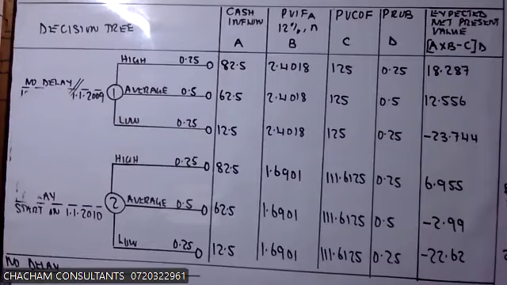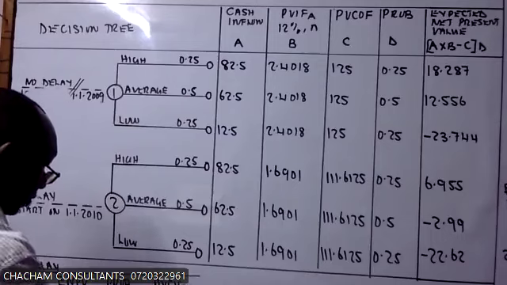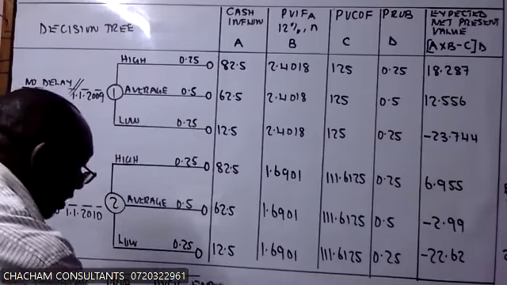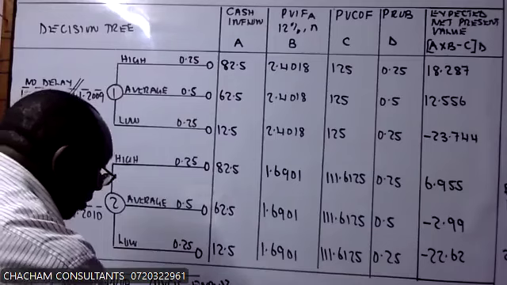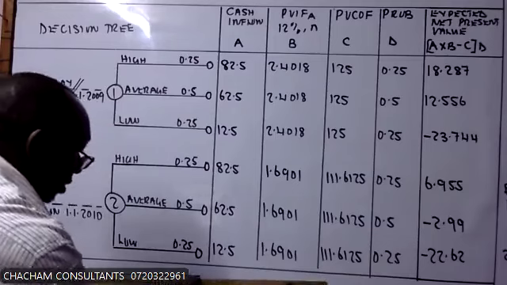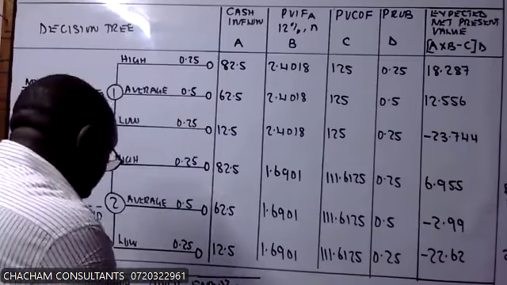We have the present value of cash inflow. The expected net present value. We will have the probability. Then the present value of cash inflow minus the expected net present value squared multiplied by the probability. We will need a table like that.